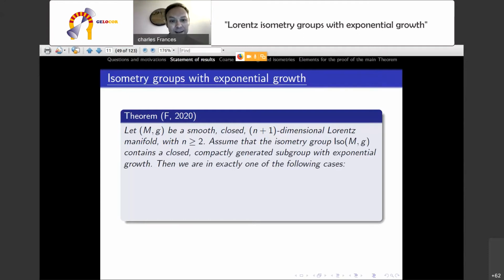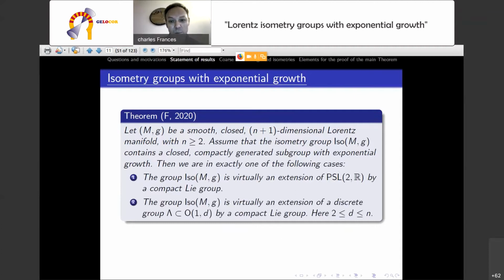Then you are exactly in one of the following cases. Either your isometry group is virtually a compact extension of PSL2R, or your isometry group is virtually a compact extension of what is called a Kleinian group, namely a discrete subgroup of the group O1D. And here D is controlled by the dimension of the manifold. So the dimension is n+1, and D must be at most n.